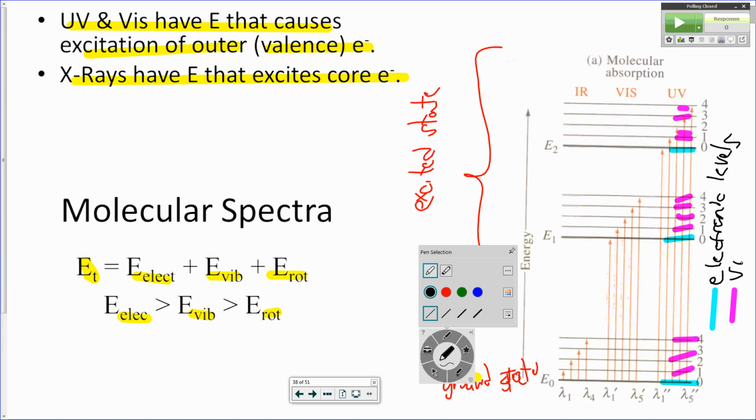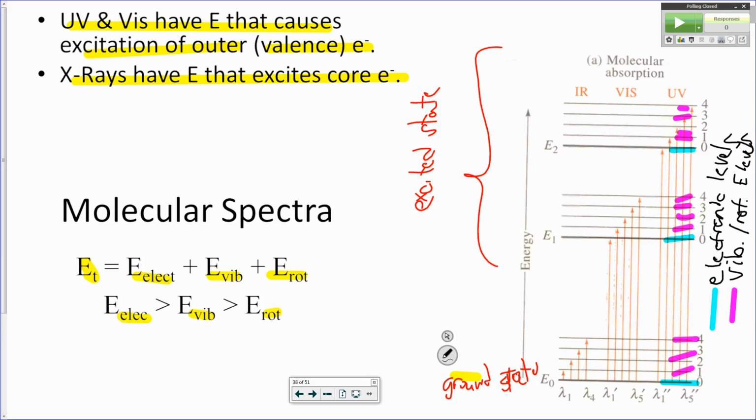So these are vibrational or rotational energy levels. Within each electronic level, there are tons of vibrational and rotational levels.